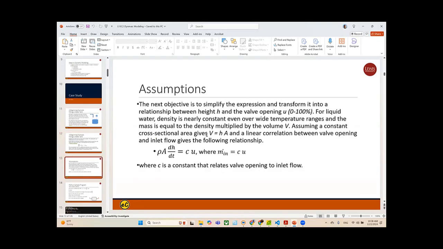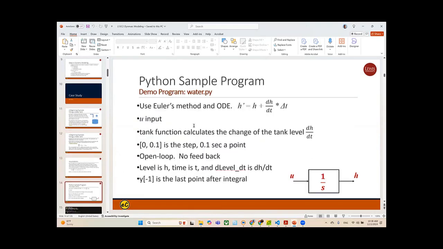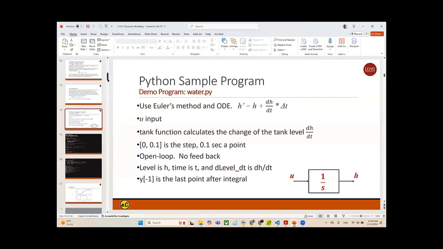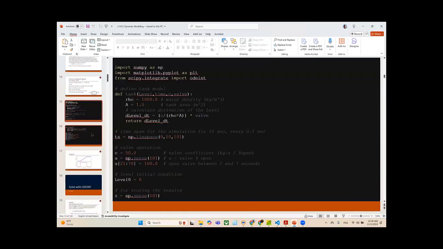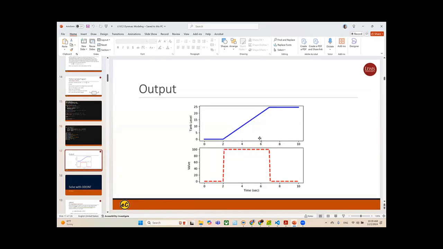Based on the two, we set up a differential equation. Then you can use the Euler method to solve it, and you can use the Laplace transform to move it into the frequency domain. And then we have the Python simulator, which can be downloaded from our system, to tell you what the integral result is.